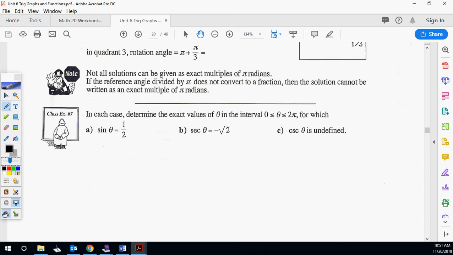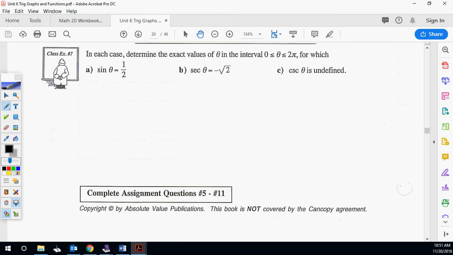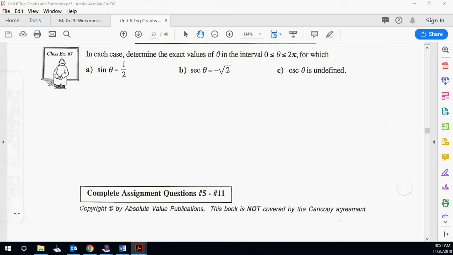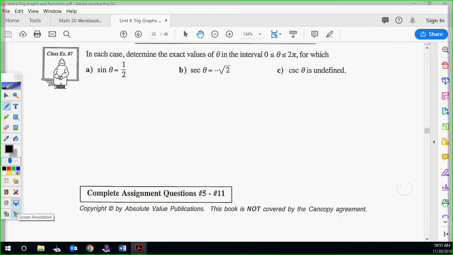Okay, let's go ahead and try it. This is the last set. Sine theta of 1/2. So what quadrants are we going to be in? 1 and 2, good? We're here and here. We're going to do sine inverse 1/2.